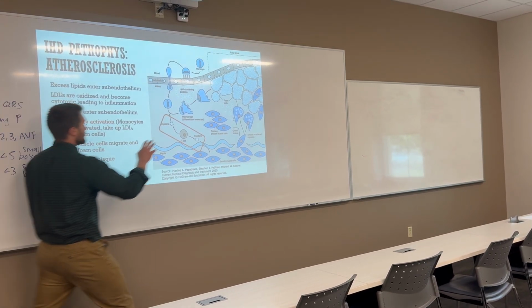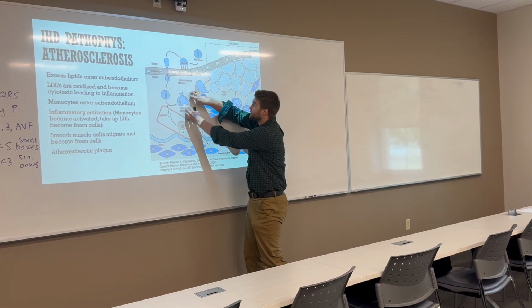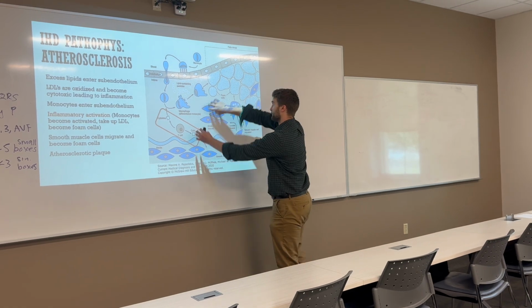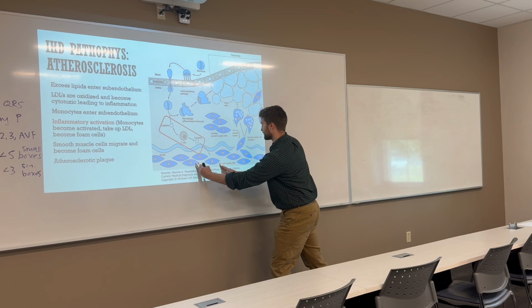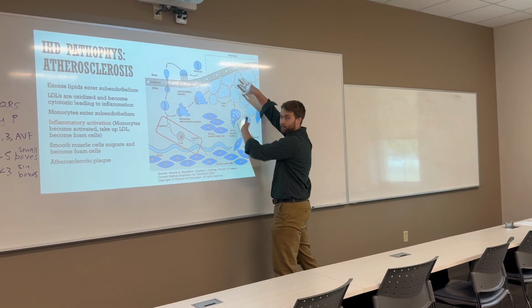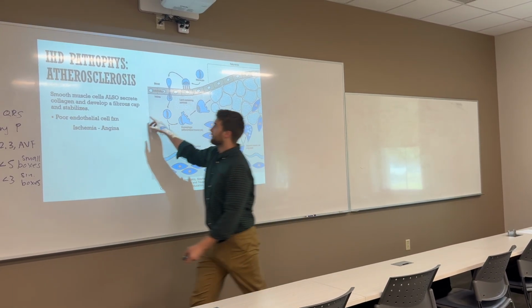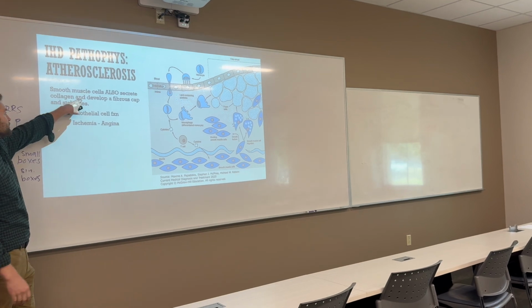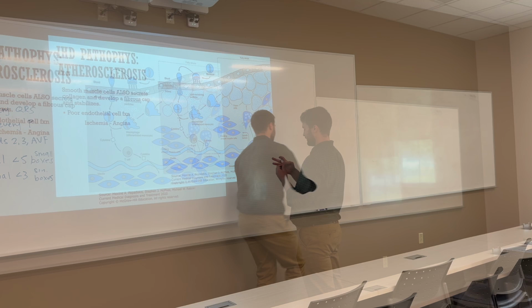So your monocytes come into your blood vessel, they take up these LDLs, and they become foam cells, and they gather here. But another thing is happening. Your smooth muscle cells also come up, and they grab your LDLs, and they also become foam cells. And then your smooth muscle cells also secrete collagen, which forms this fibrous cap inside your vessel.